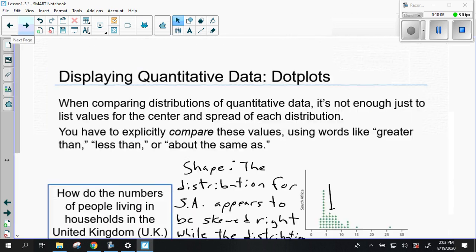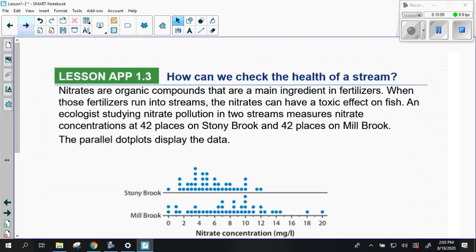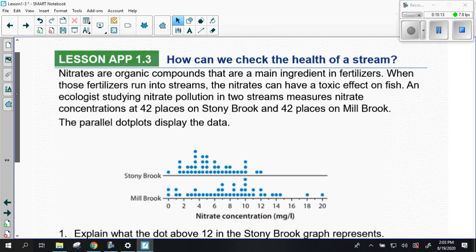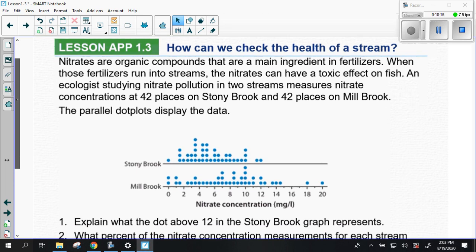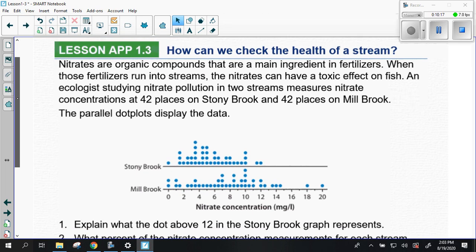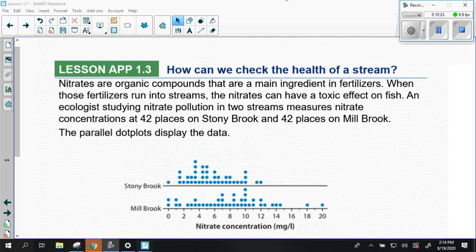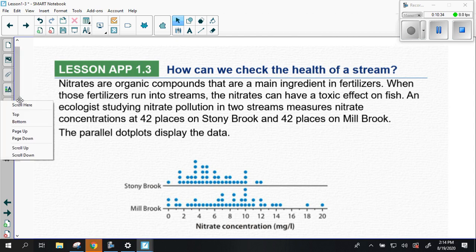All right, so let's go ahead and do one together, and then we'll make a dot plot as well. Let's do an example of comparing two distributions that we're given a dot plot for. You can read the lead up to this.